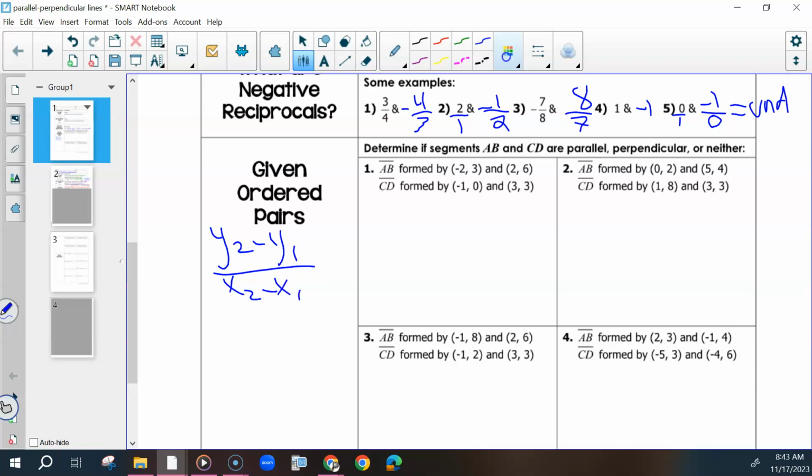Label them if you need to. So I'm going to do AB first. So we would have 6 minus 3 over 2 minus a negative 2, which would give us 3/4.